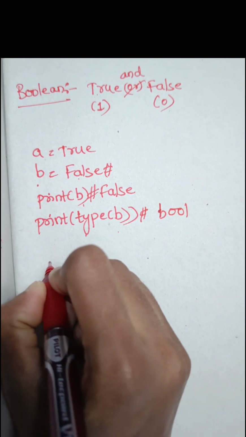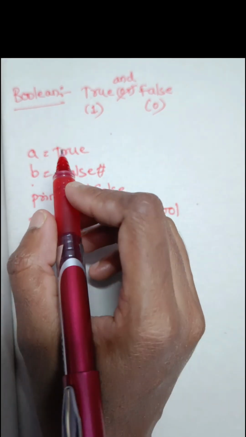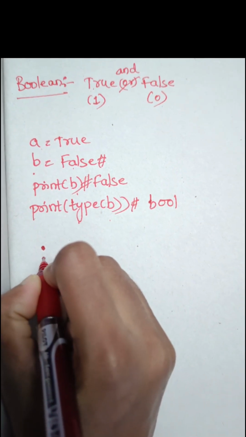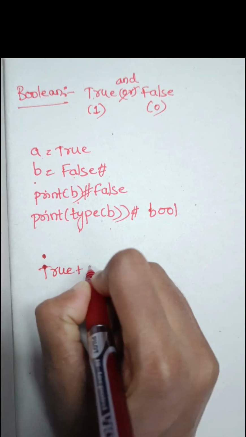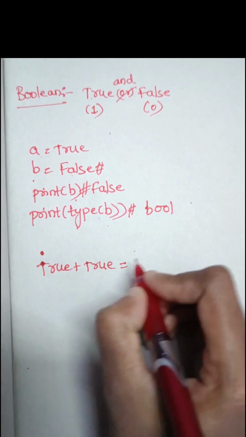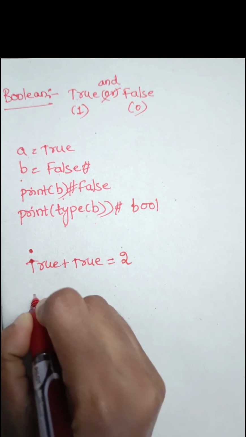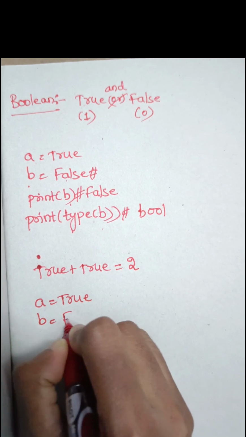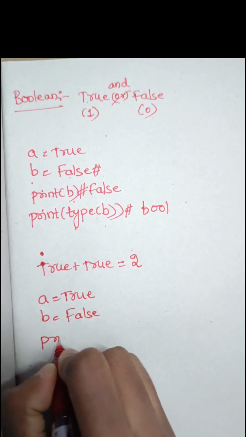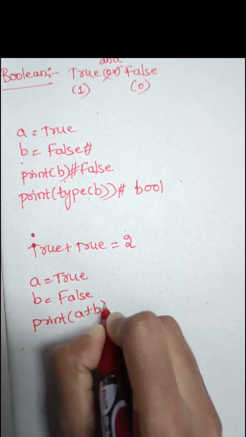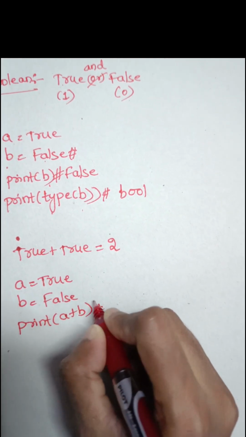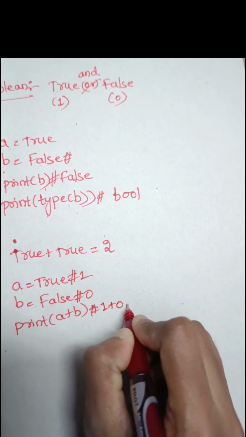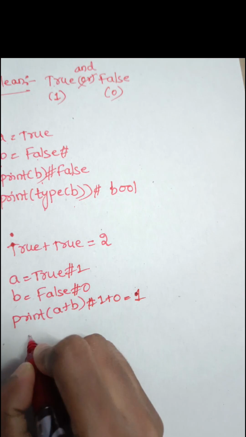Now let us see one more example. True is represented as 1, false is represented as 0, I said, right? Now based on that I am going to give some examples. True plus true, if you have written, the answer is 2. Now see here, if you write A is equals to true, B is equals to false, and if you write print of A plus B, as true means 1 and false means 0, 1 plus 0 is nothing but what you will get? 1 only.